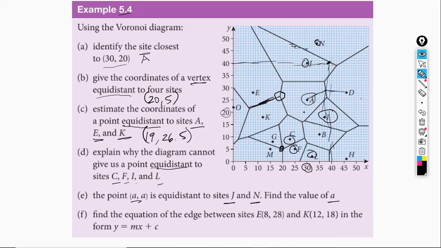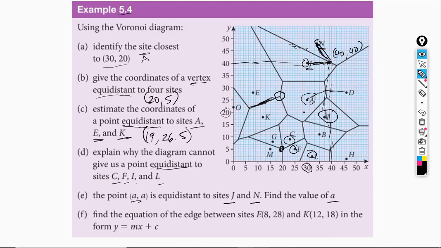So that means that A has to be 40 because this point here is 40, comma 40. And because it's on the edge shared by J and N, it is definitely equidistant to both sites. And you can intuitively see it here on the graph. You can see that those distances are equal.